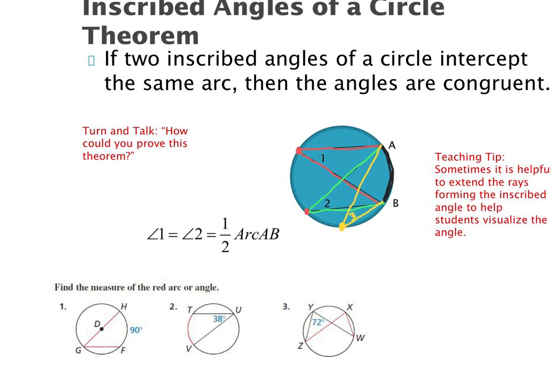Because if you take the arc AB, formed by the angle, and you divide it by 2, you will get the measure of angle 3. If you take AB, the arc measure, and you divide it by 2, you're going to get the same angle, which will be angle 3.